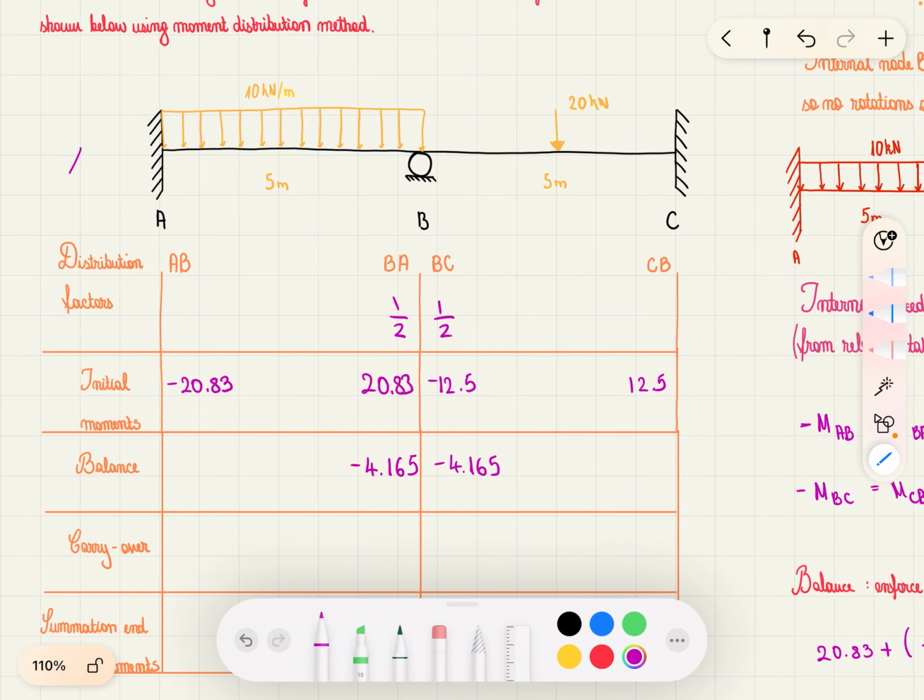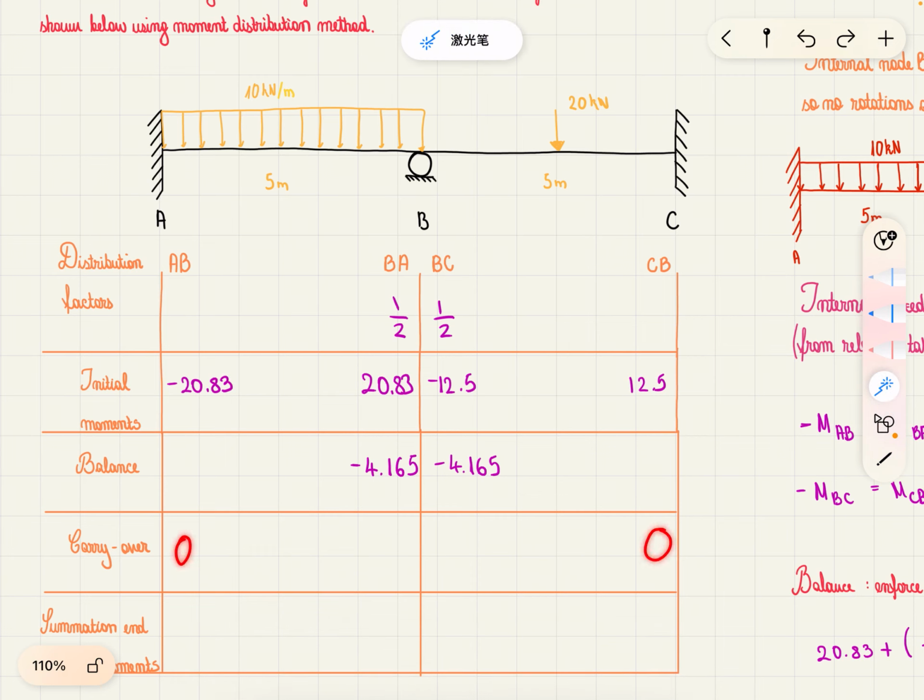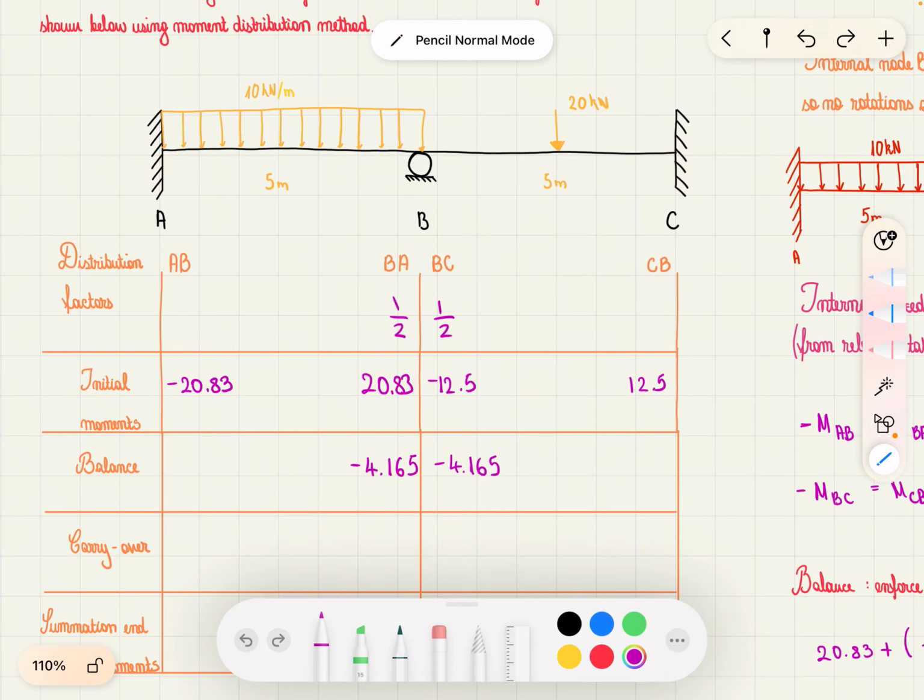Once again, if they were pinned ends, the moment carried over would have been 0. Okay, so half carried over, we're going to have a value of minus 2.083 on both sides.